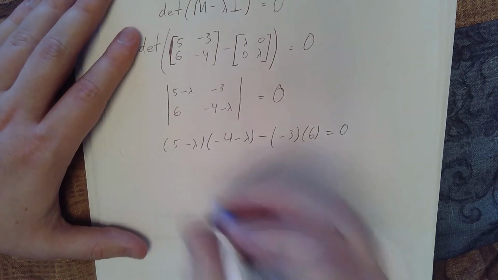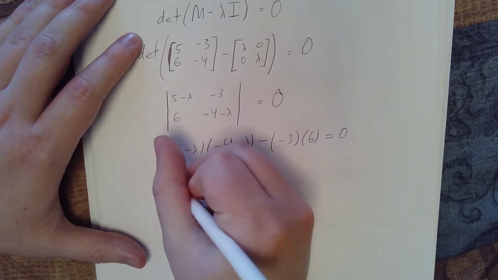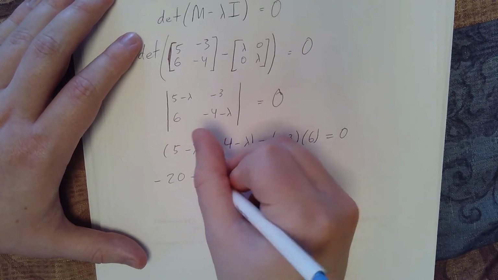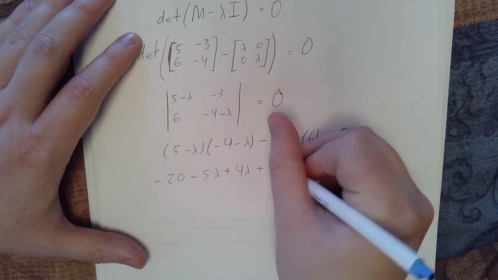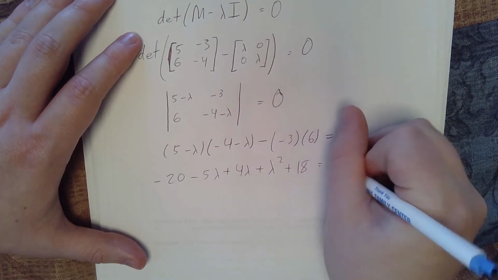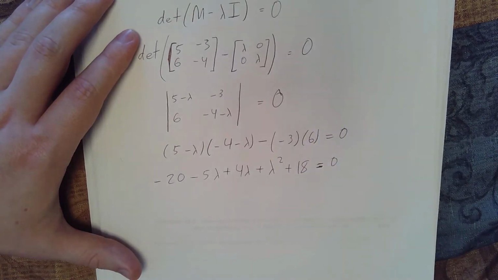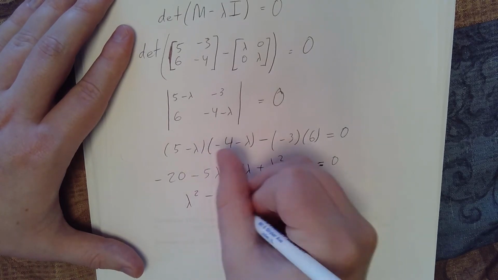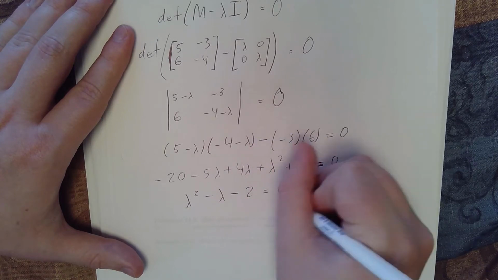Then we want to FOIL this out, so we should get negative 20 minus 5 lambda plus 4 lambda plus lambda squared plus 18 equals 0. Combining like terms and reordering, we get lambda squared minus lambda minus 2 equals 0.